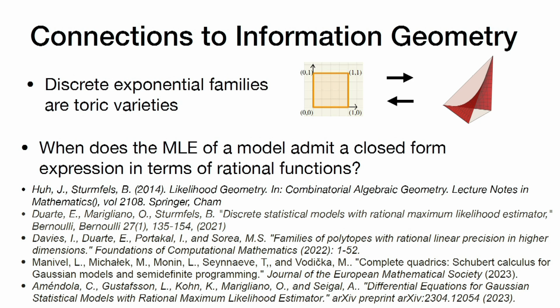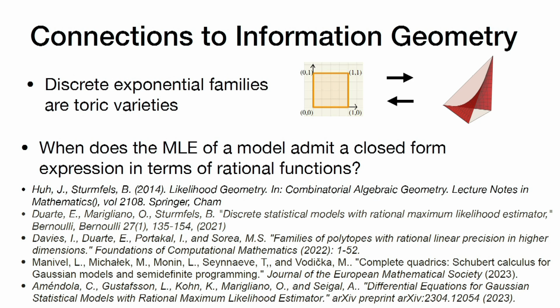And there are several open questions in this area. For example, one of the things that I like to study is to give a classification of all the toric varieties that have this property. And this is evolving, there are still people working on this.